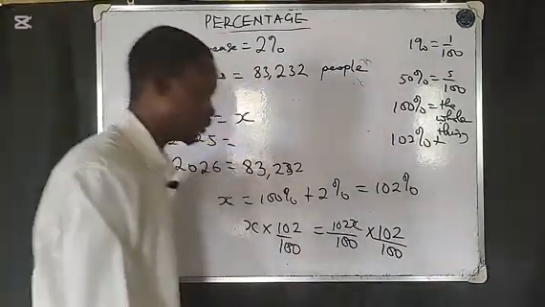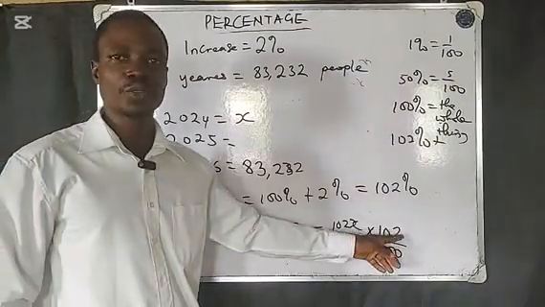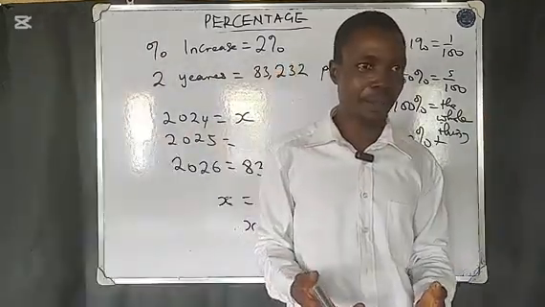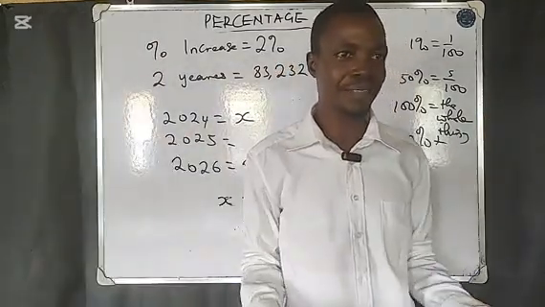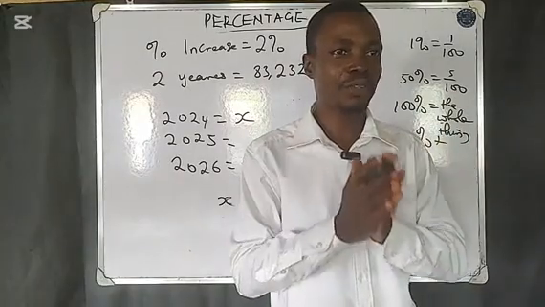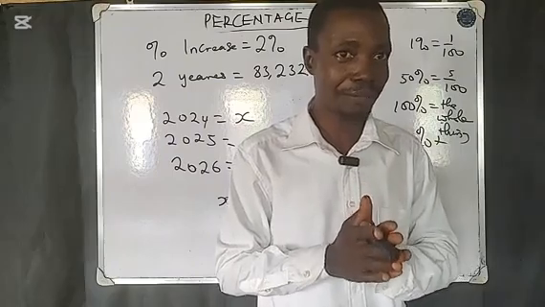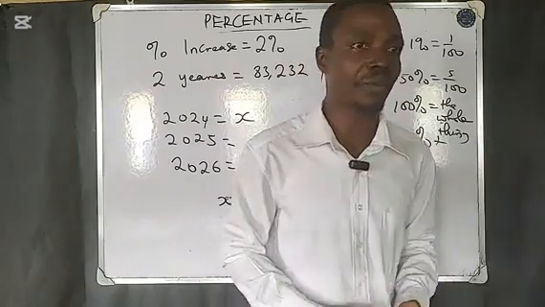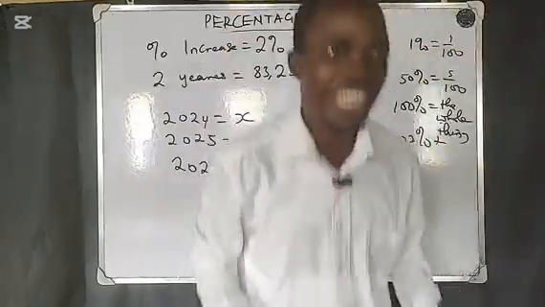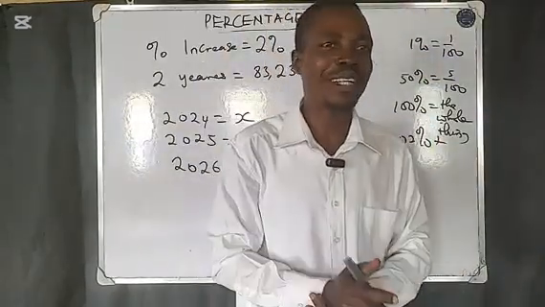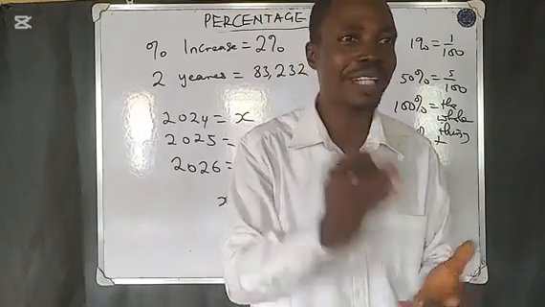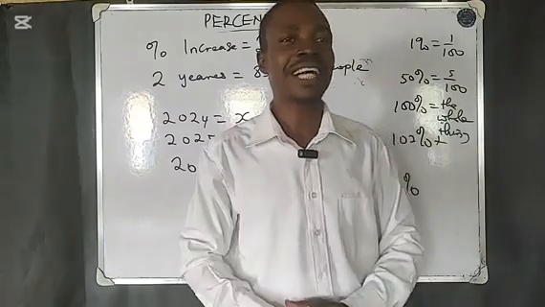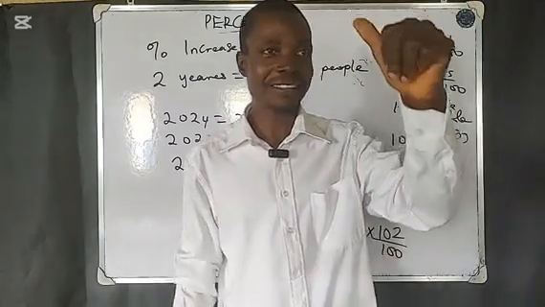Increase by 2% again, multiply by 102 over 100. Is it difficult? To increase it, just add the percentage. But don't forget that everything is always 100% from the beginning. 102% is what you get when you add 2% to 100%. Is that okay? Are we communicating? Good.